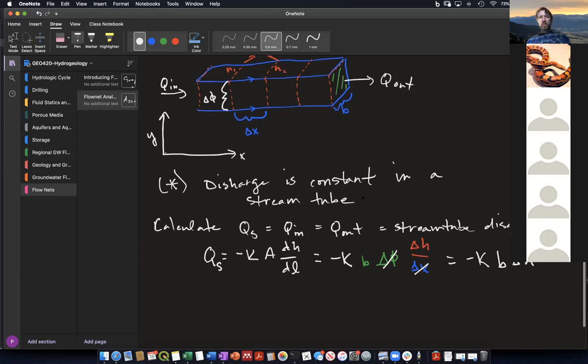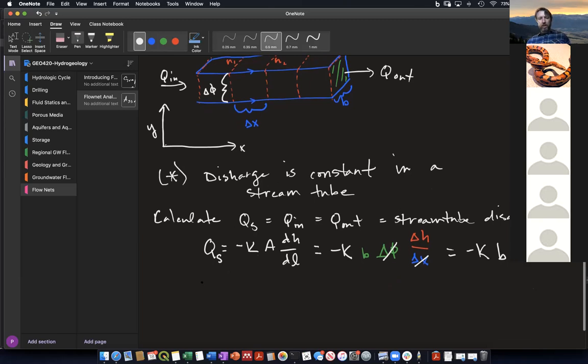I'm going to introduce an important quantity right now: T, which we call the transmissivity of the aquifer. We're going to define that as the hydraulic conductivity times the thickness.